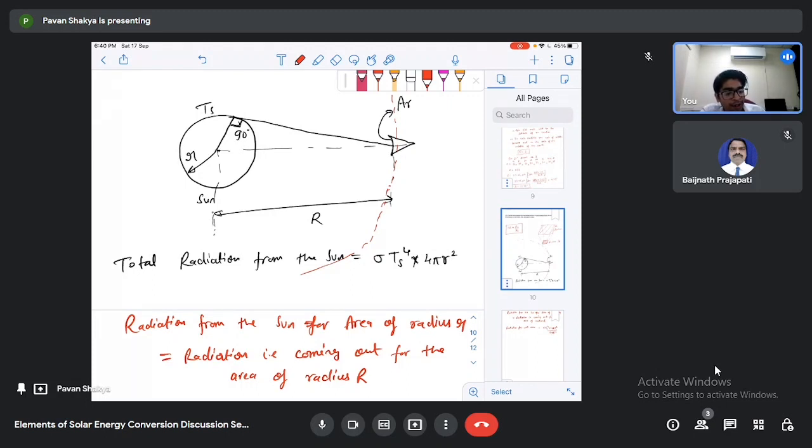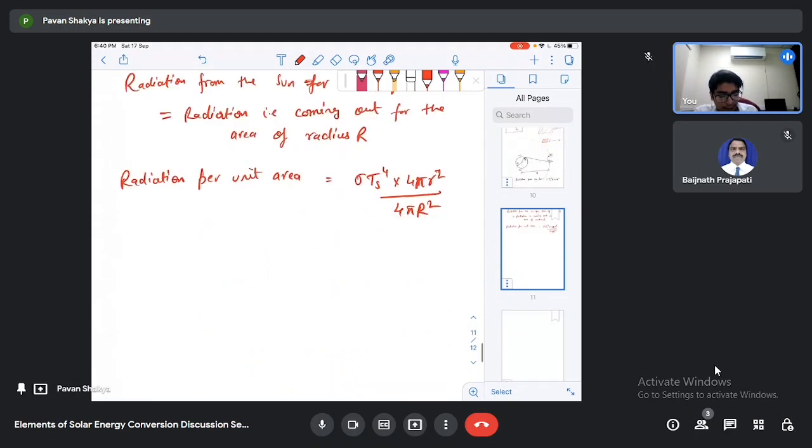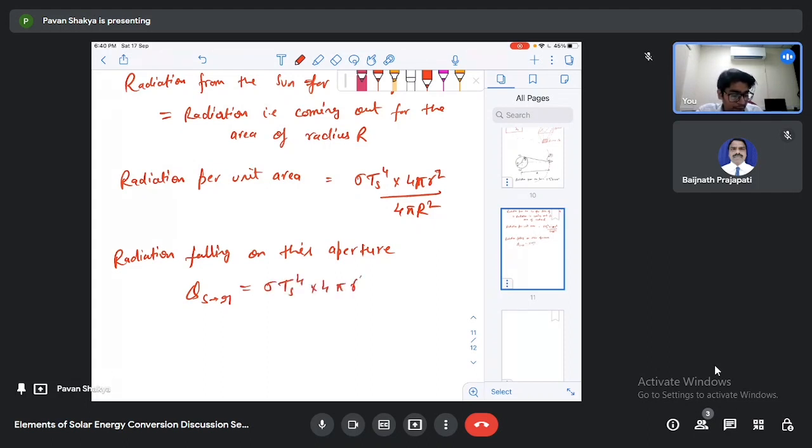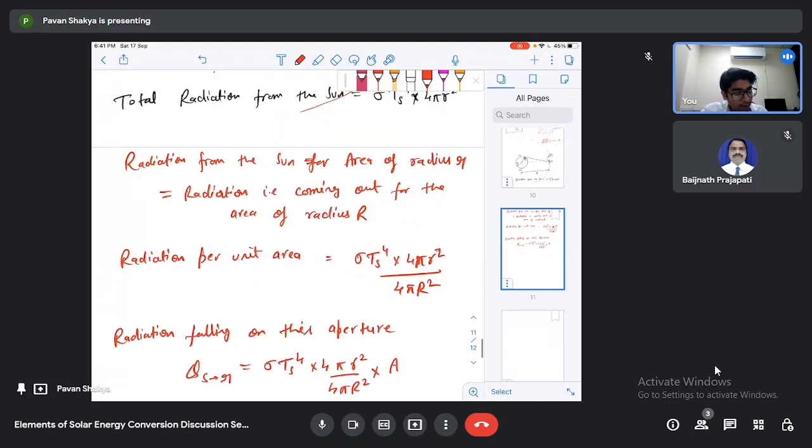If we know the area of this receiver, we can say that the radiation falling on this aperture, let me say Q sun to receiver, will be equal to sigma Ts to the power 4 multiplied by 4 pi r square divided by 4 pi capital R square, multiplied by the area of the aperture. Sorry, I have denoted it as AR.